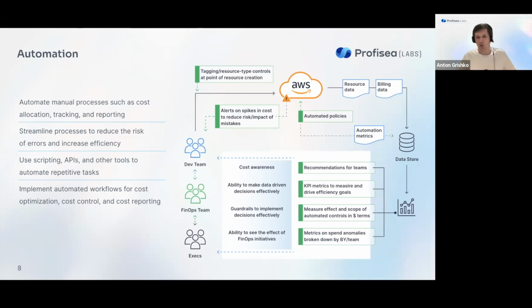So any kind of automation that will decrease the amount of time required to find out where we can save money, where we can optimize something, would be very appreciated by your company and by your engineers. So add automation to your FinOps process. Use whatever is possible. Use external tools and available libraries.